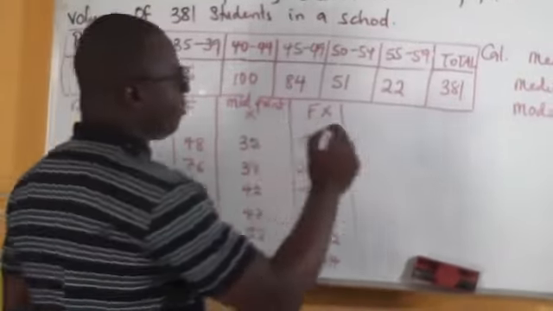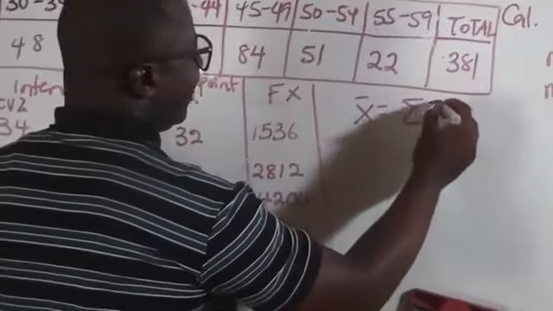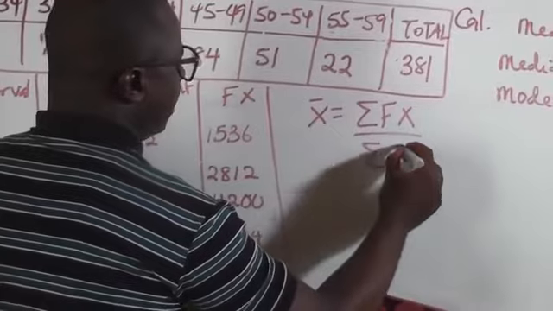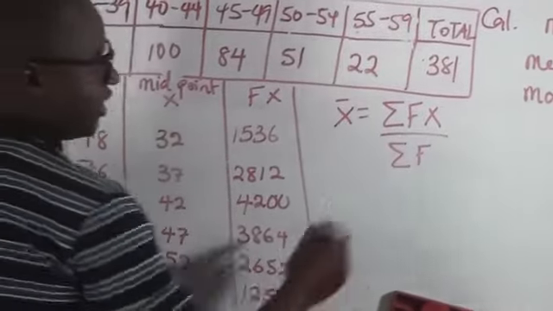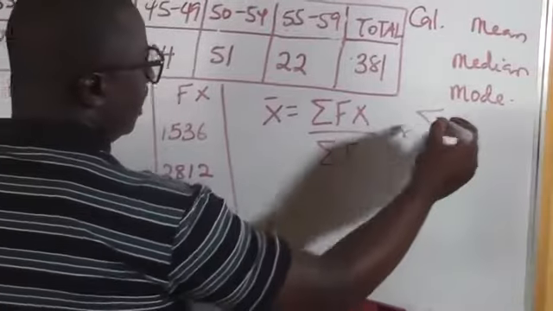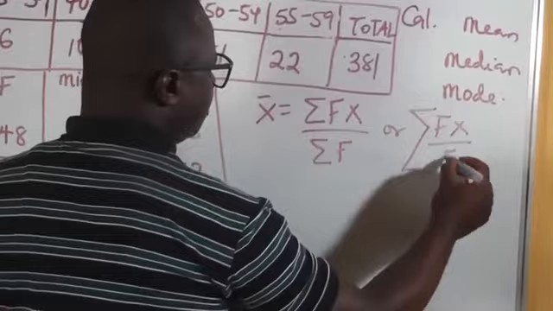So our formula for mean is equal to summation fx all over summation f. Or you can write it this way: the summation sign very big, then fx as your numerator, and your denominator will be f.